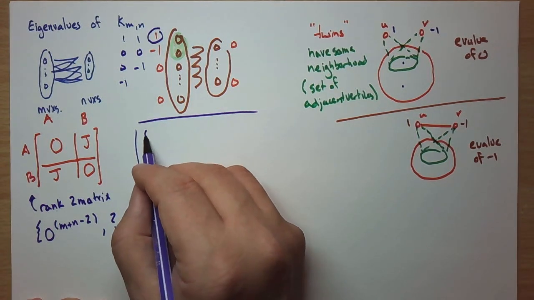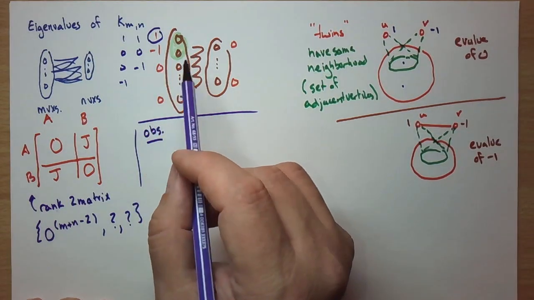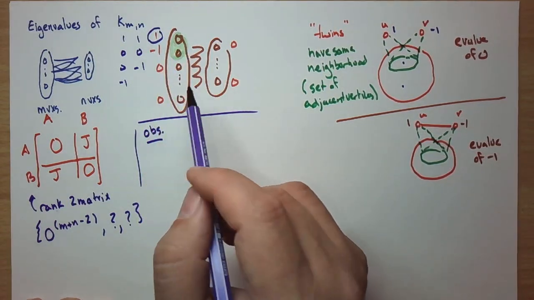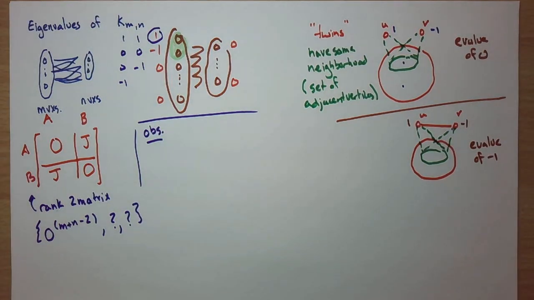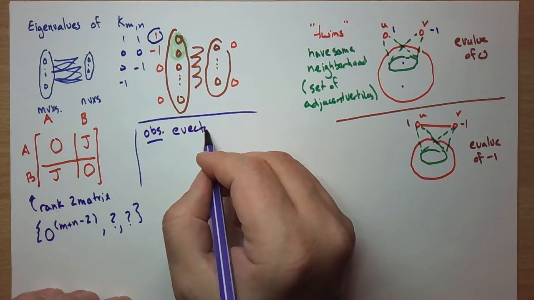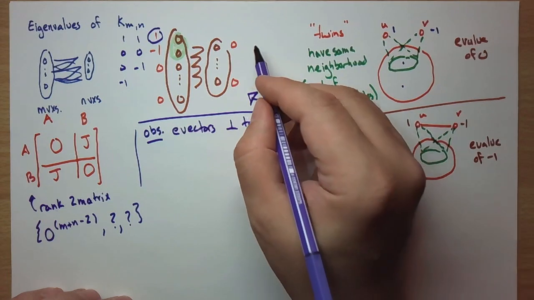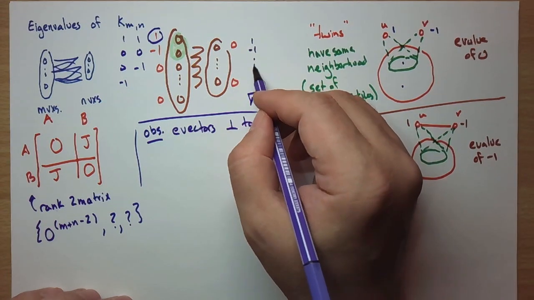Okay, so, quick observation. This is in particular for this graph, but you'll see that the idea generalizes pretty readily. Suppose I now say I want to look at my last eigenvectors, or the other eigenvectors, the ones perpendicular to these ones, if that makes sense.